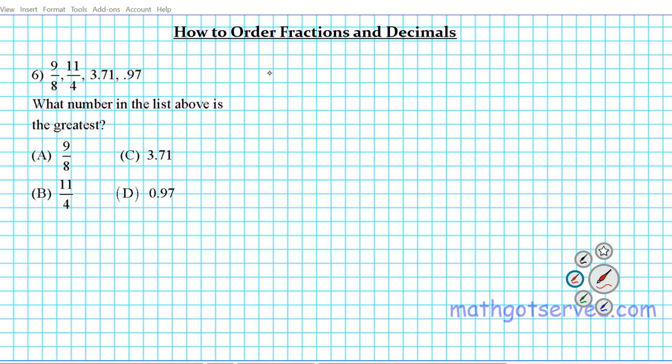Now, there's a tip that you want to keep in mind when you are asked to order fractions and decimals. And the tip is as follows. When comparing fractions and decimals, the best strategy, ladies and gentlemen, is to convert all of them to fractions or all to decimals.